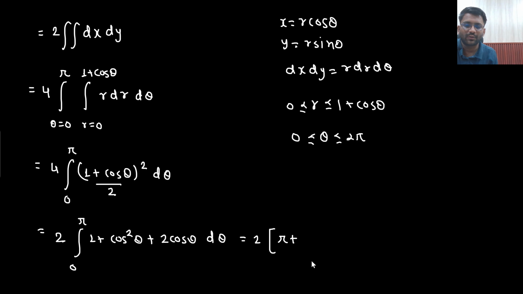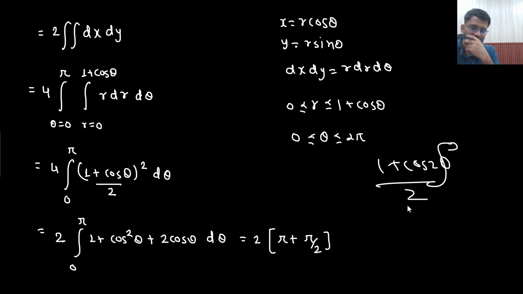I am not responsible for the integration now, and this will give you pi by 2, because cos square theta can be written as 1 plus cos 2 theta divided by 2. So this will give you 0, this will give you 1 by 2. So 1 by 2 d theta, so 3 by 2 theta, 3 by 2 pi. So 3 pi will be the answer.